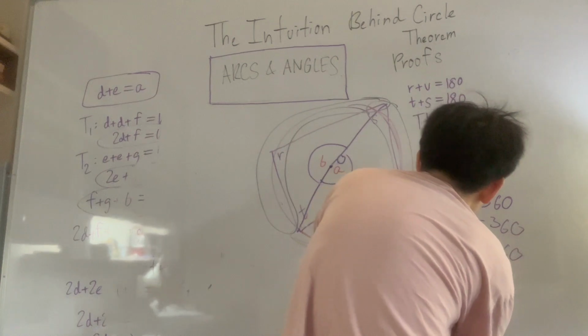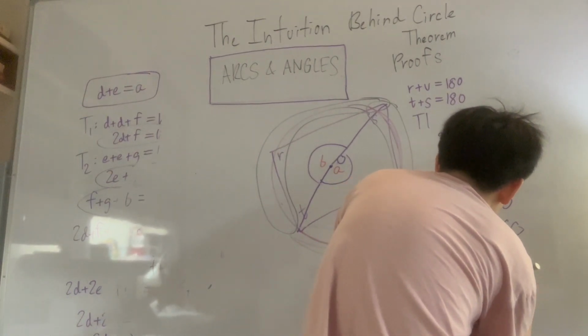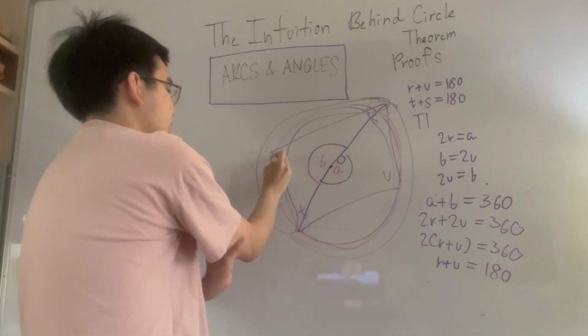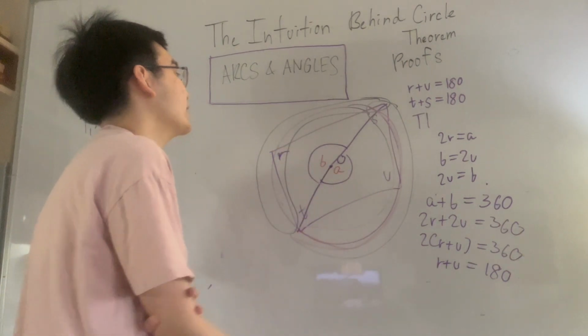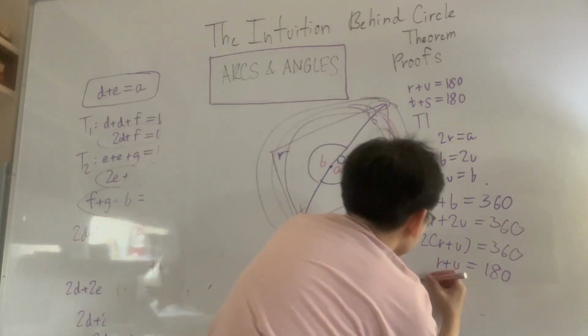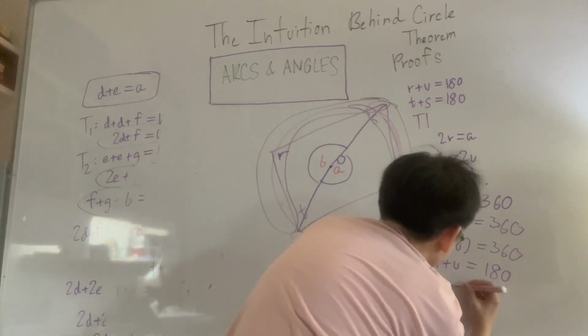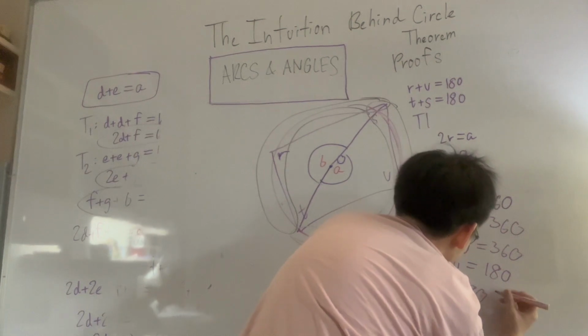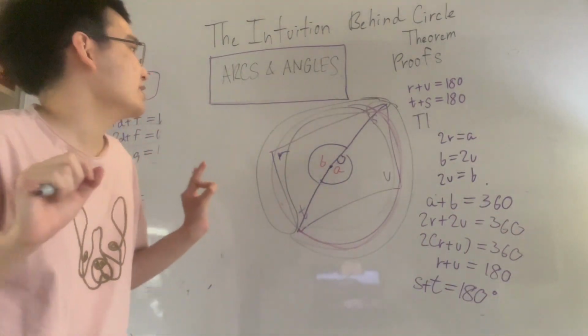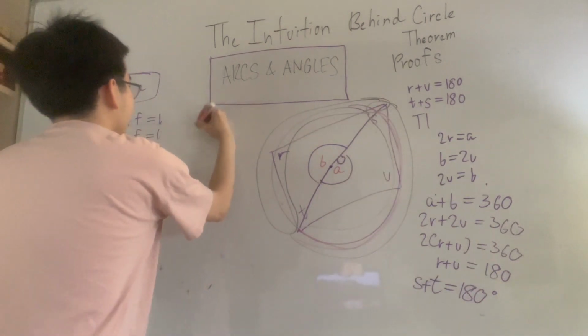I get R plus U equals 180. Which is indeed this case, this angle R and U over here. And we can repeat this argument with the other side so that we can conclude that angles S plus T have to equal 180 degrees. And then we are done. So that's it. That's the cyclic quadrilateral theorem.